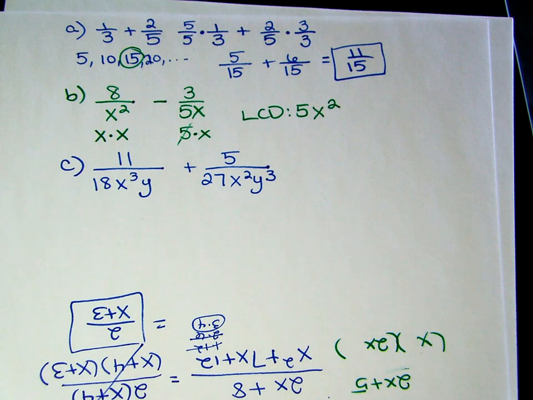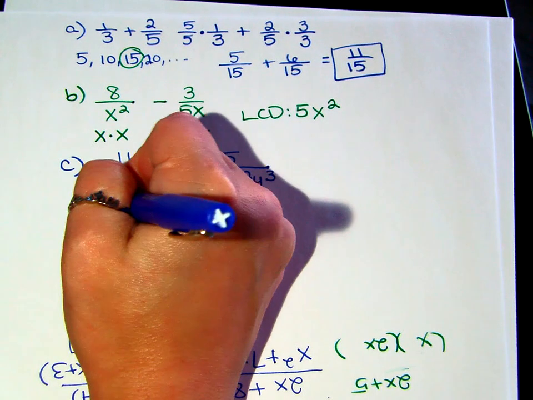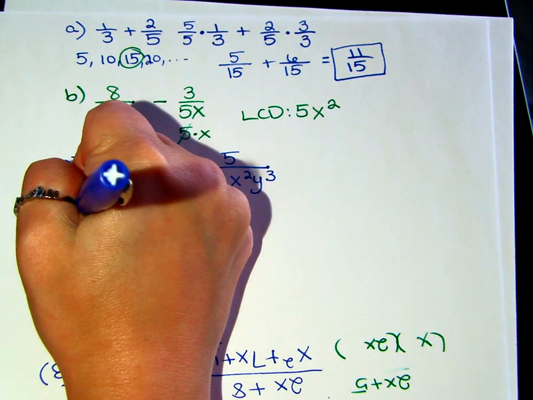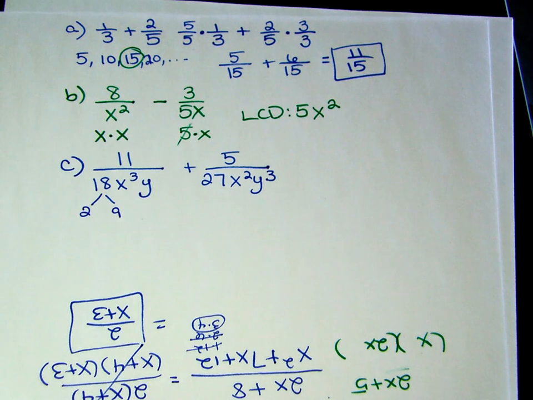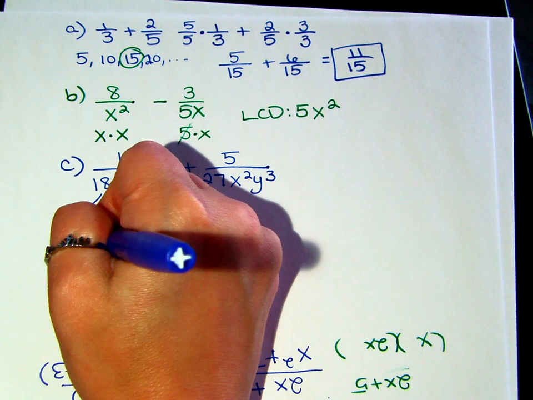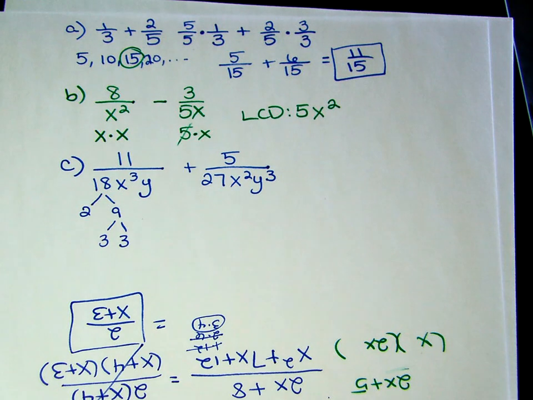So remember, a factor tree, we go like this, and then we say what times what gives me 18. Well, I know 2 times 9 gives me 18. 2 is prime, so that branch dies off, and we don't have to worry about it. 9 is the same thing as 3 times 3, and there's my branches. I'm done. So 18 is the same thing as 2 times 3 times 3.